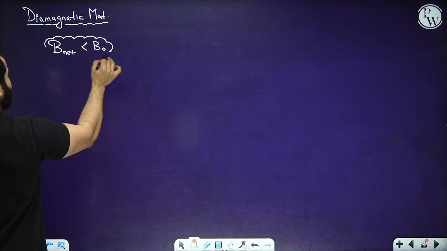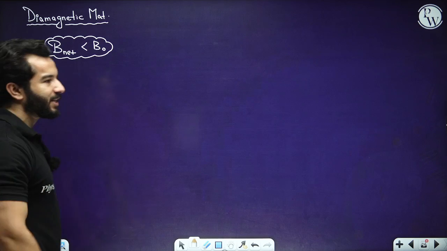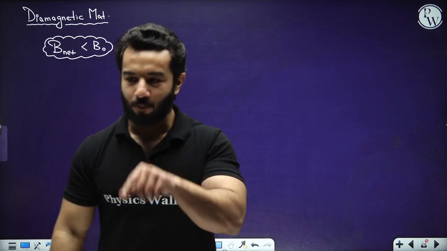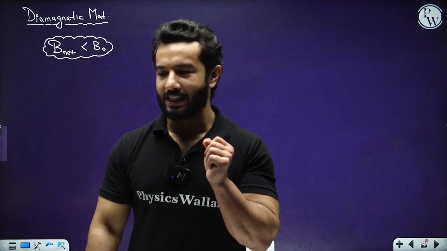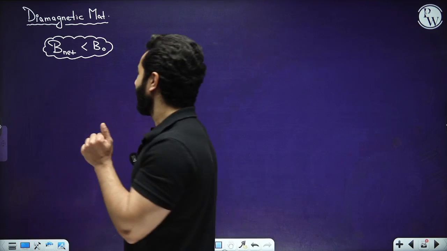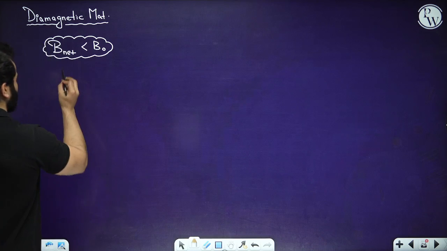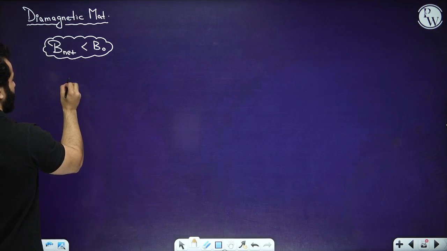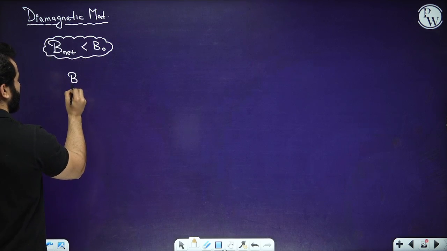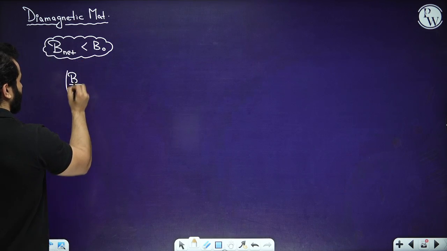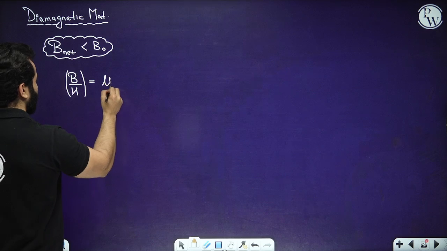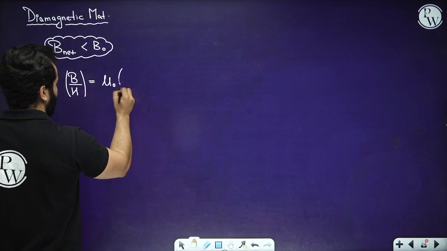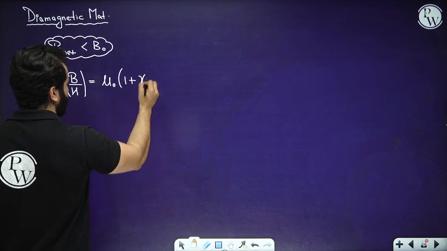Because it is getting magnetized in the opposite direction. That's how it repels the external magnetic field, isn't it? So if this is the case, we have just written that B upon H was equal to mu naught times 1 plus magnetic susceptibility.